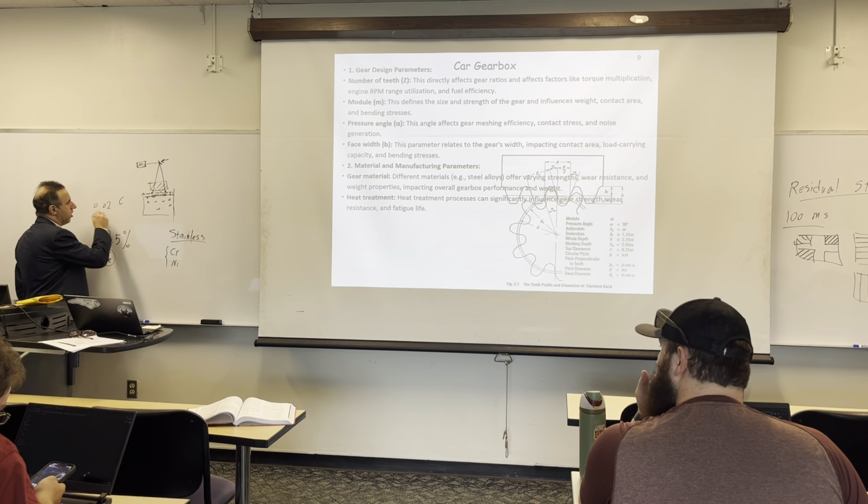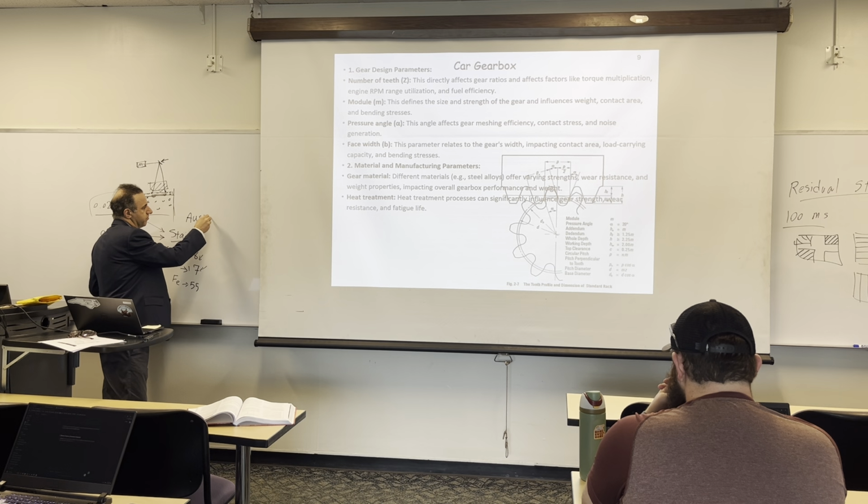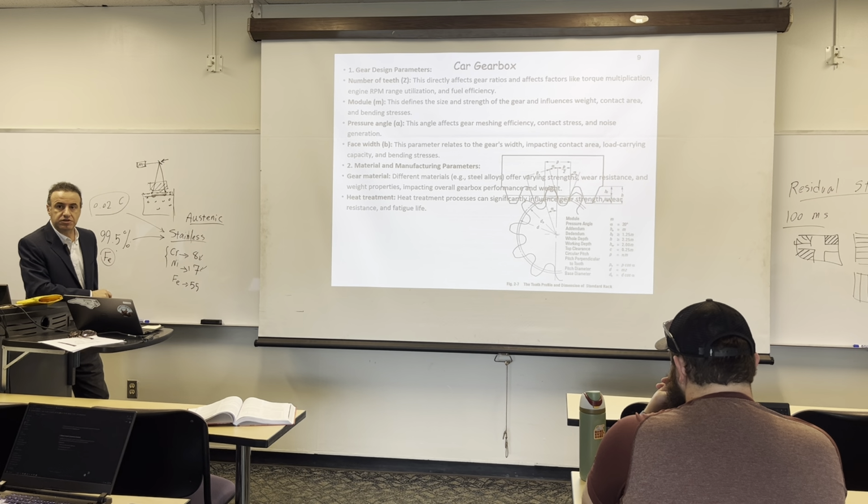Okay, but do you want to use stainless steel? It has a higher strength, but it's going to cost you, right? You want to decide which material is good. And if you want to use austenitic, then you cannot make it harden.